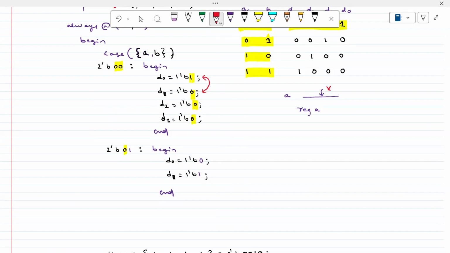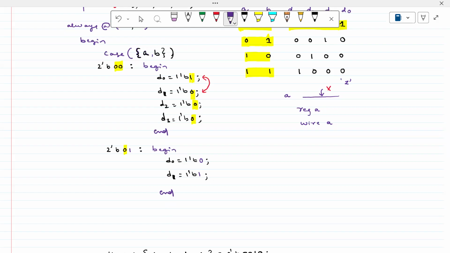For example, if A is declared as a wire, wire A, the default value of this one is the high impedance state Z. That means there is actually no connection.